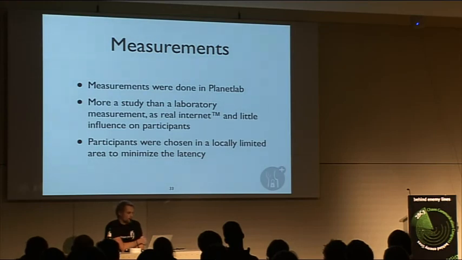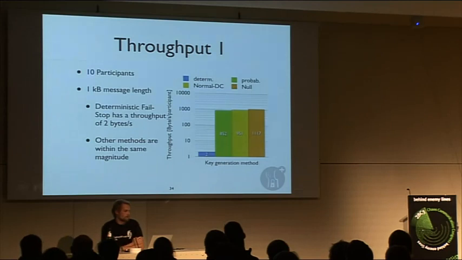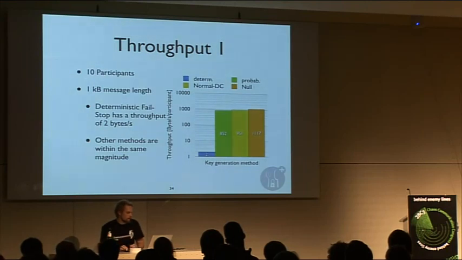And the only attention I paid to was choosing the participants locally, so the latency would be minimized. And now this big surprise: if you have 10 participants with fully exchanged key graph, 1 kilobyte message length, you have about 1 kilobyte per second per participant, which is not too much.